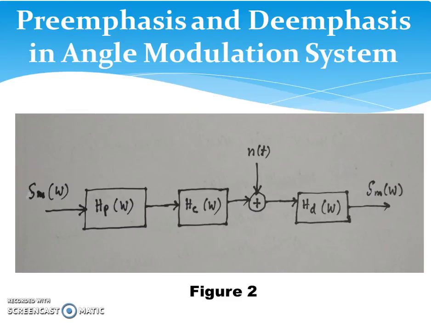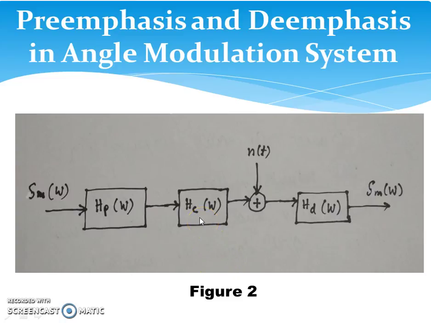Now let's go to pre-emphasis and de-emphasis in angle modulation system. Pre-emphasis and de-emphasis help us to improve the performance of all kinds of systems in noise. In this system, a message signal is passed through a filter which modifies the spectrum of the signal. At the transmitter there is a pre-emphasis filter, and at the receiver a de-emphasis filter, so that the combined product of both is constant.